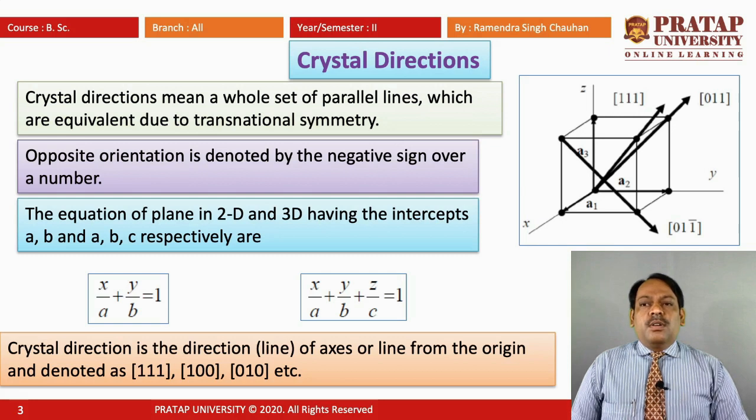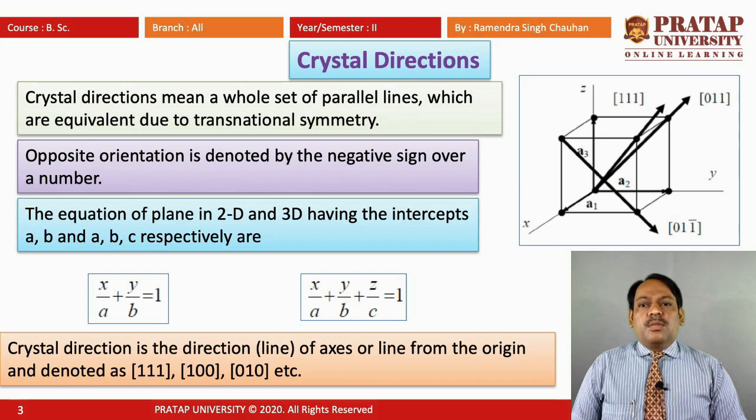Now what are crystal directions? Crystal direction means a whole set of parallel lines which are equivalent due to translational symmetry. Opposite orientation is denoted by the negative sign over a number.